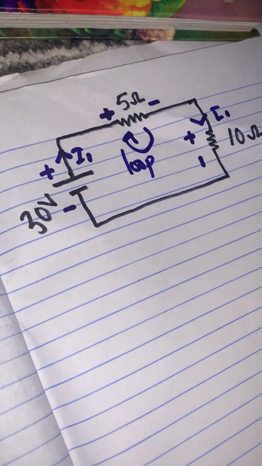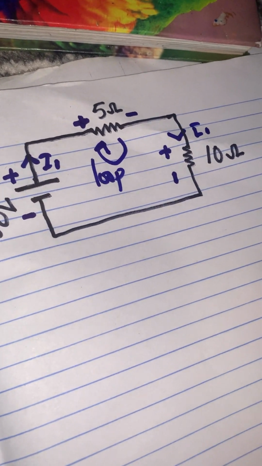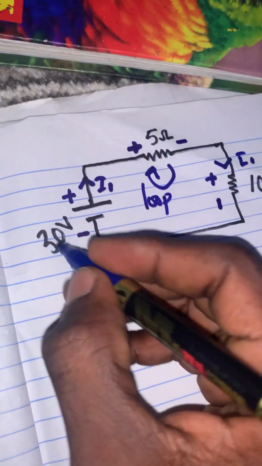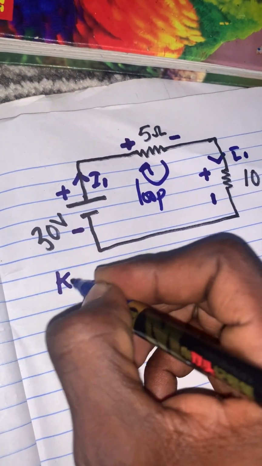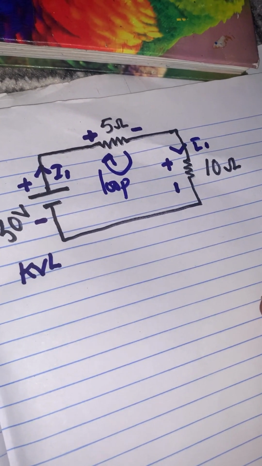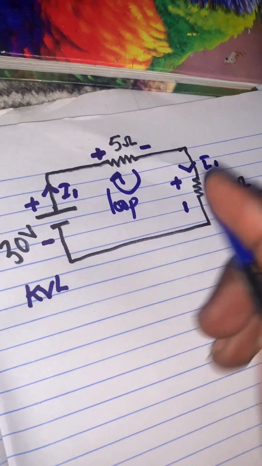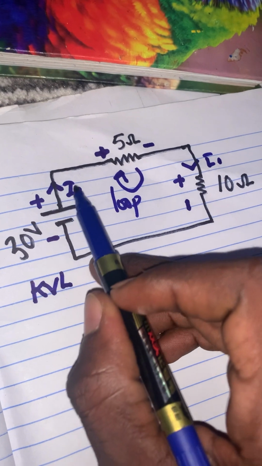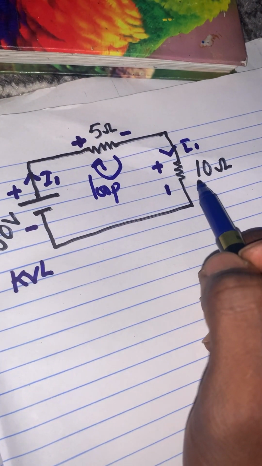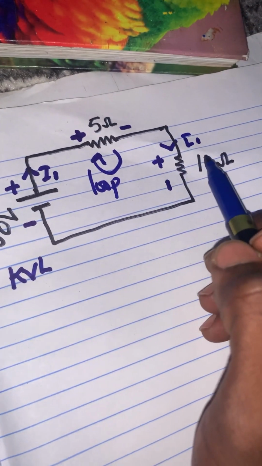The next step is, in this given circuit, which kind of Kirchhoff's law are we going to use? Kirchhoff's current law or Kirchhoff's voltage law? Obviously, we are going to use Kirchhoff's voltage law. Why? This is because this circuit has only one loop, and the same current which flows from this battery enters the 5 ohm resistor and is the same current that enters the 10 ohm resistor, because the 10 ohm and 5 ohm resistors are in series.